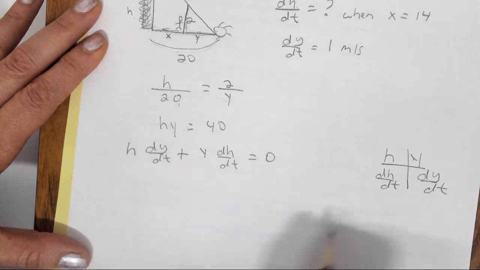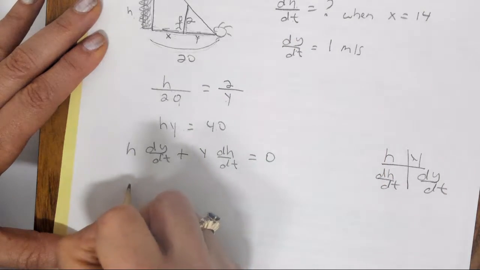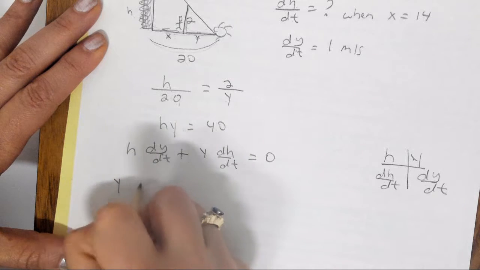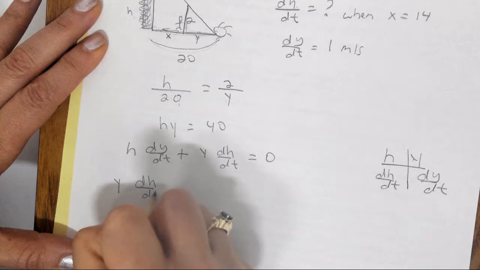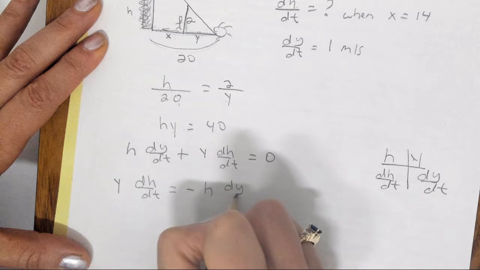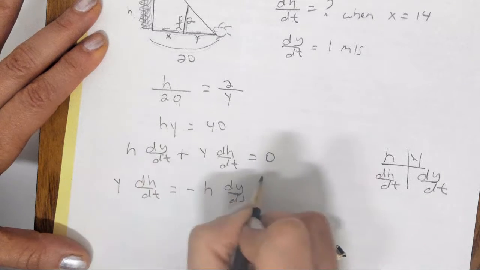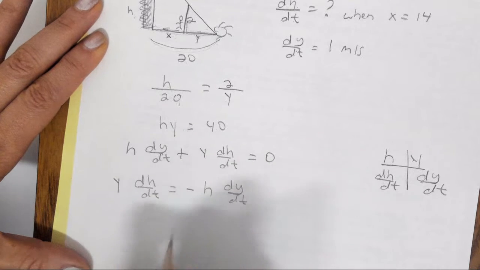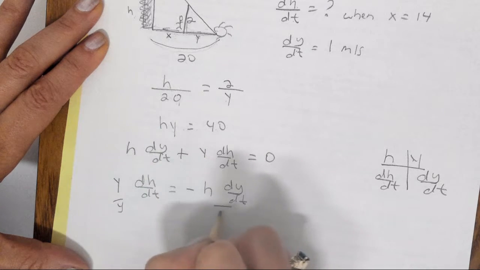And so we're trying to isolate dh over dt, so I have y dh over dt equals negative h dy over dt. I just subtracted that over. I'm going to divide by y.